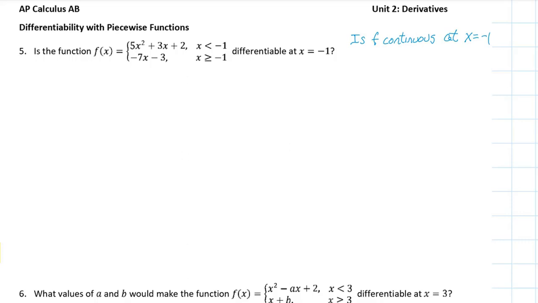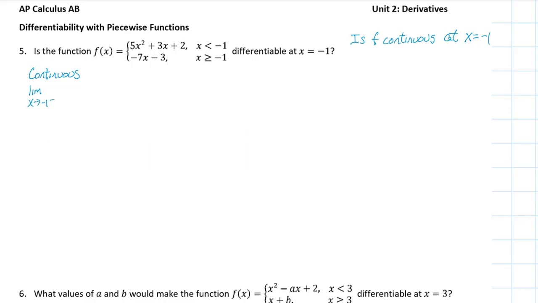Okay, so continuity. All right, I'm going to start on the left. So continuity, continuous. Because if it's not continuous, we can stop right there. So to check for continuity at x equals negative 1, what I want to do is look at the limits. I want to look at the limit as x approaches -1 from the negative side.